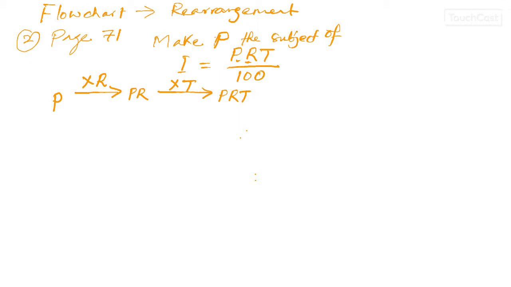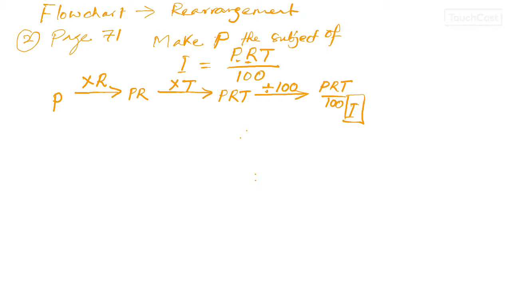Remember, in algebra we do not write the multiplication sign. Then what did I do? I divided the whole thing, P times R times T, by 100, and that gave me PRT over 100, which is nothing but I, isn't it?